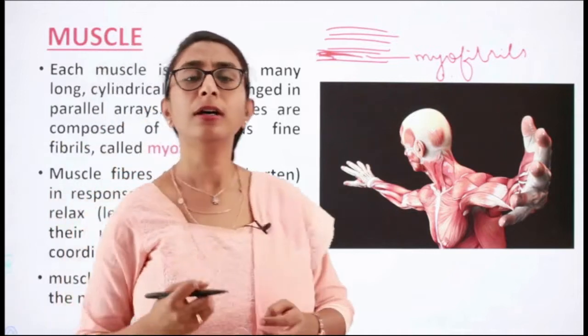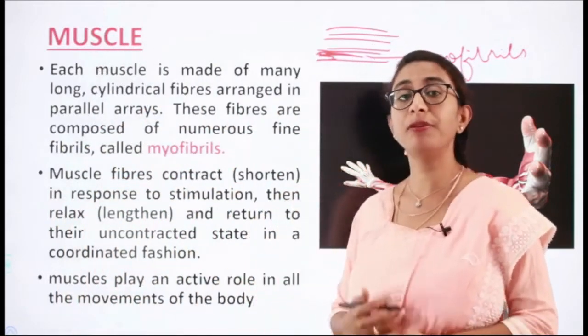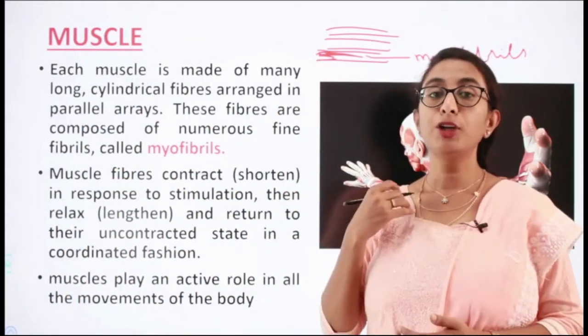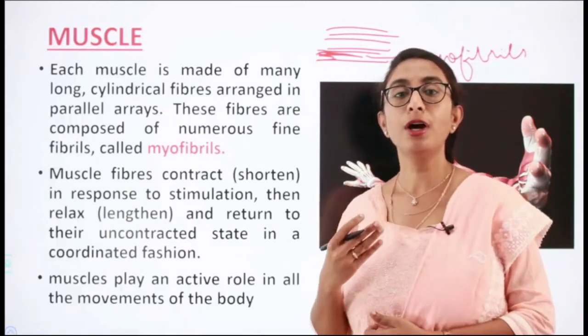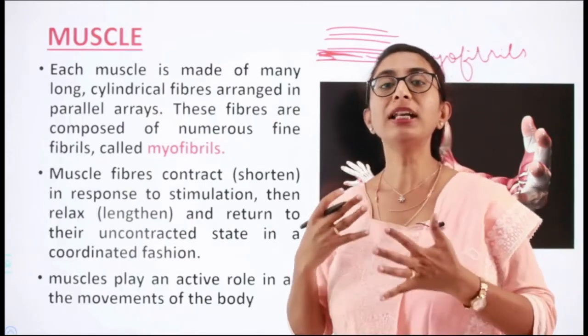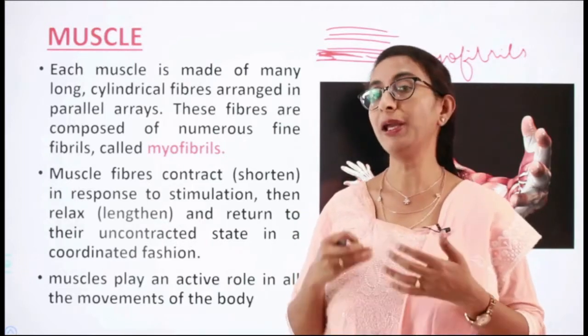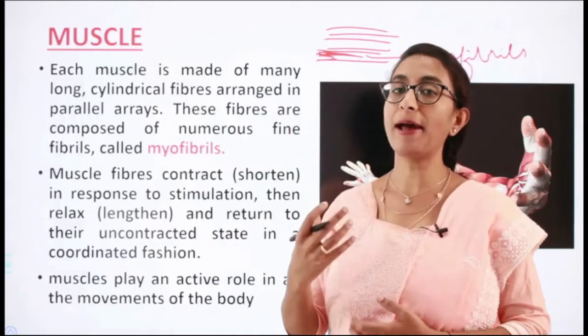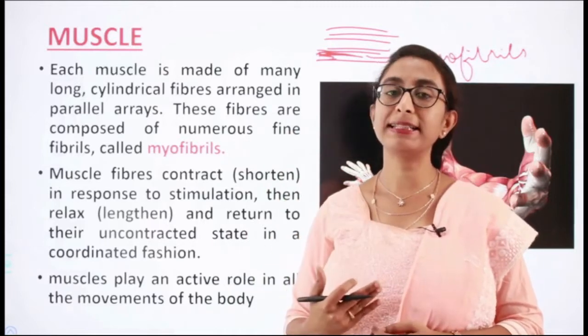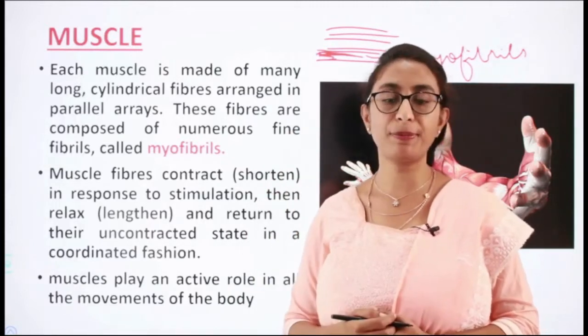More about muscle contraction we will be discussing in the human physiology chapters. Here this is just to introduce you to what a muscle fiber is, so we will not go in depth about contraction and how it happens. All that we will discuss in the human physiology chapters.